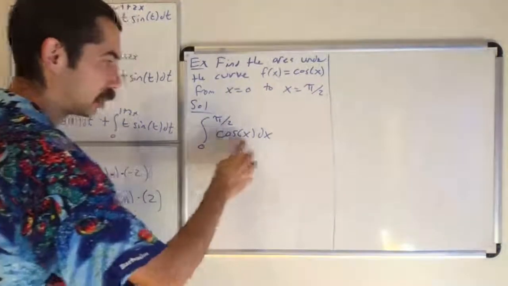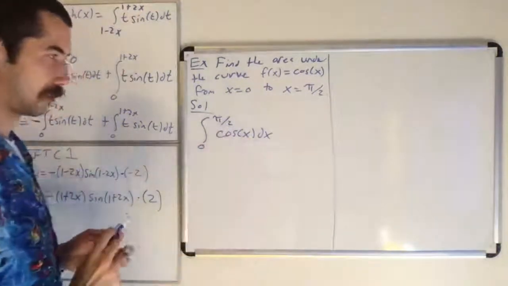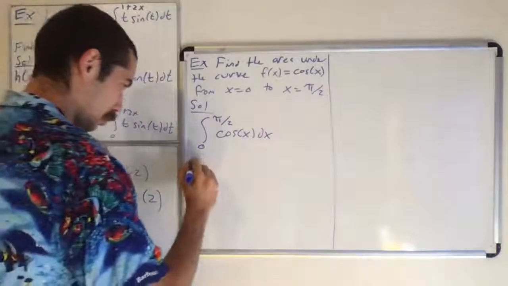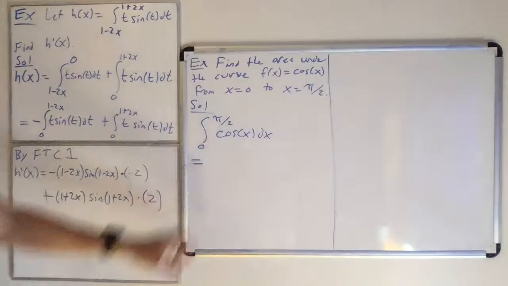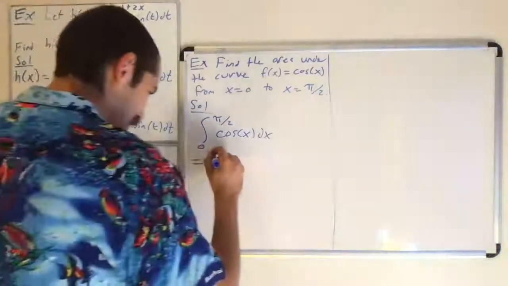What is the antiderivative of cosine of x? Yeah, the antiderivative of cosine of x is sine of x.